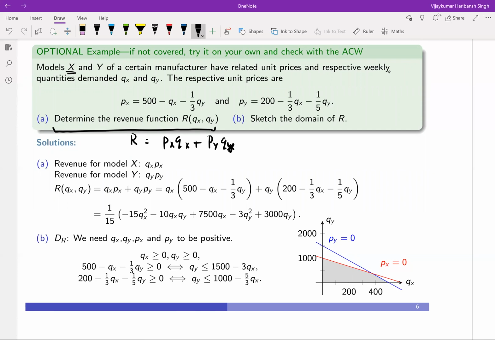So I will take QX as it is here, multiply by PX, and QY as it is and multiply by PY. And then when you multiply it out and simplify, this is what you get.